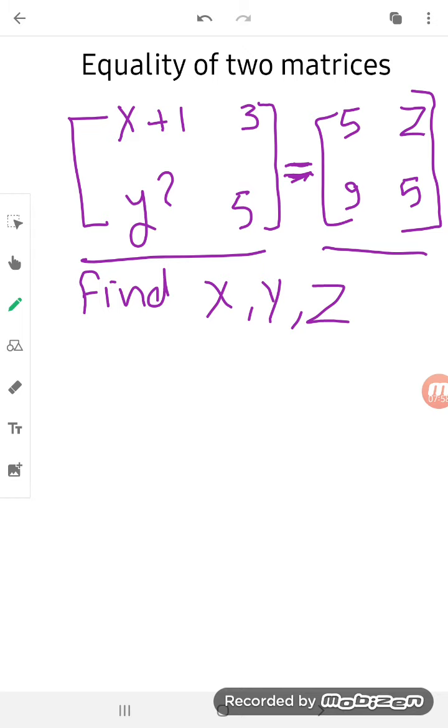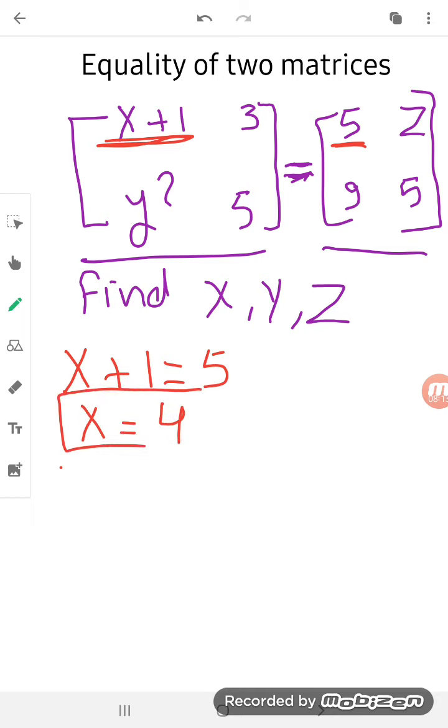So the first element, x plus 1 equals 5, so x equals 4. The second element, which lies on the first row and second column, equals the corresponding element z. So z equals 3.